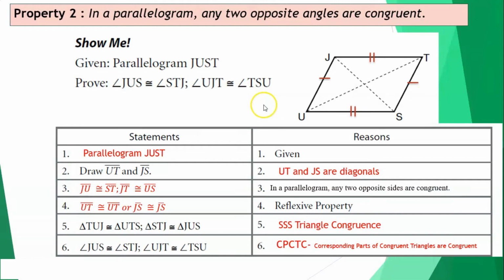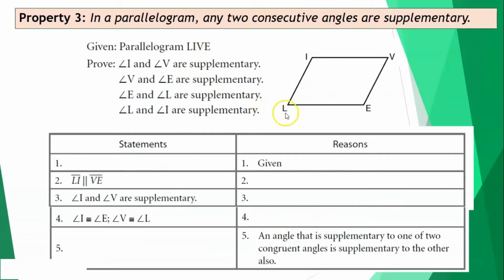Okay, next. We have here parallelogram LIVE. So prove that angles E and L and I are supplementary angles. So take note, reason 1 is given, so that's parallelogram LIVE. Your clue here is LI is parallel to VE. LI is parallel to VE.